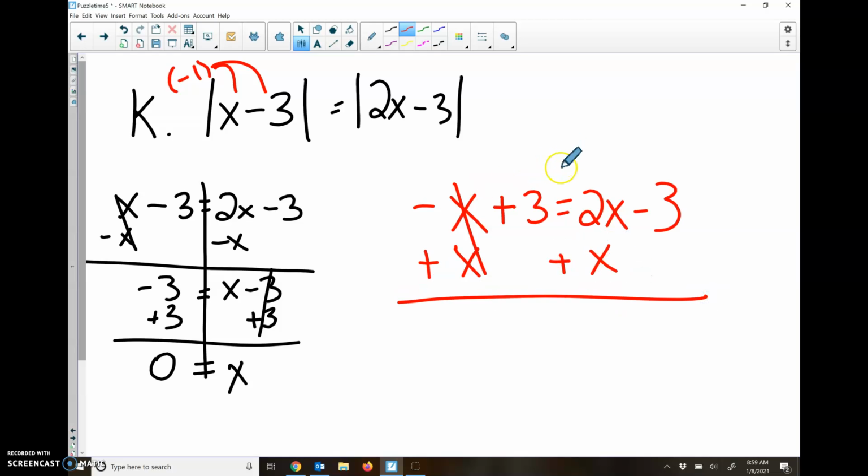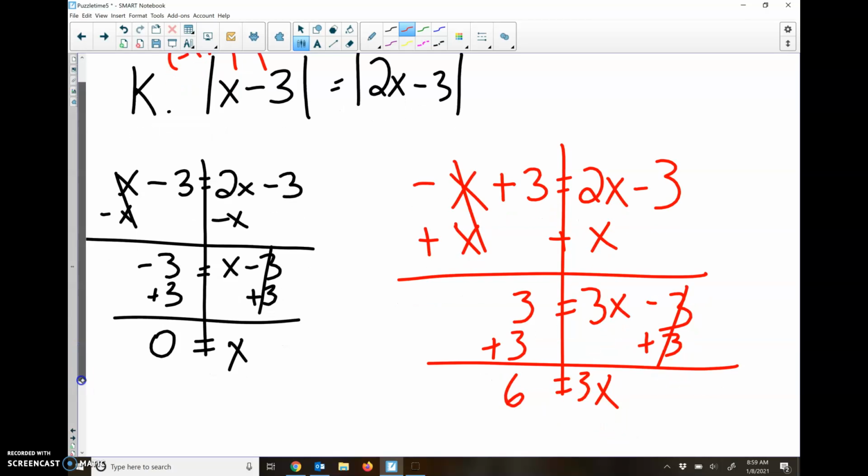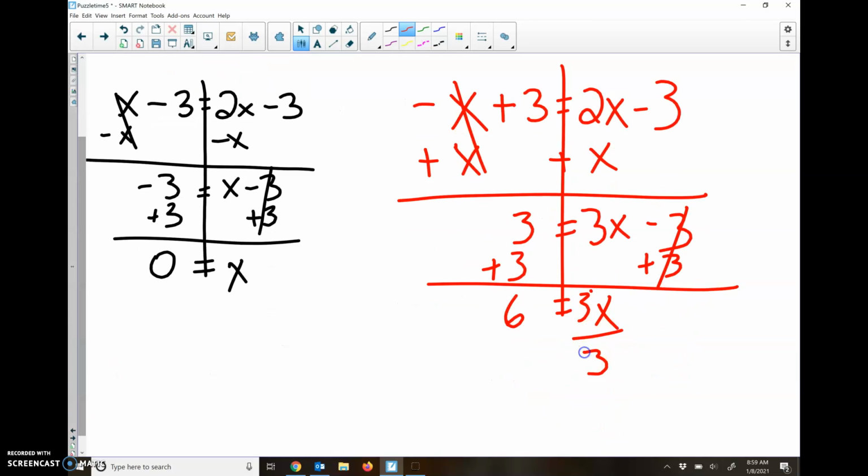So now I'm left with 3x over here. And then I'm going to add 3 to both sides. Now that it's a positive 3, 3 plus 3 is 6 equals 3x. Divide both sides by 3. 6 divided by 3 is 2. So then my two answers for that one are 0 and 2.